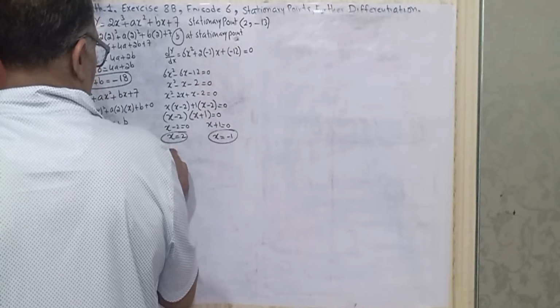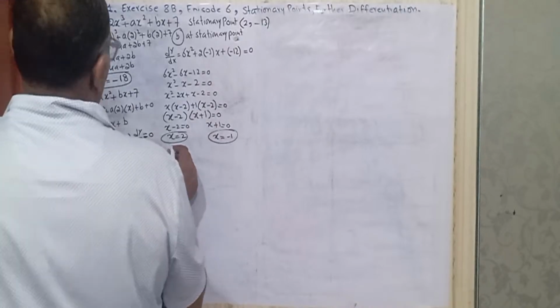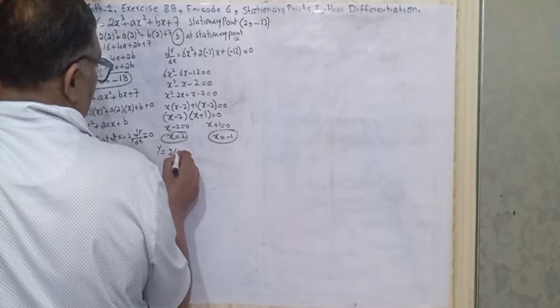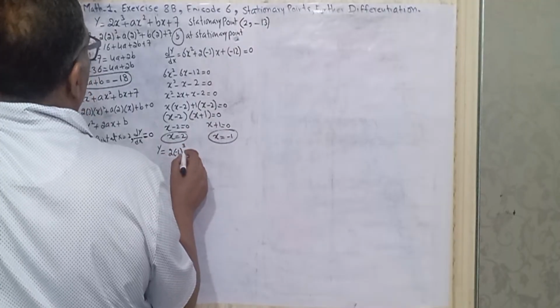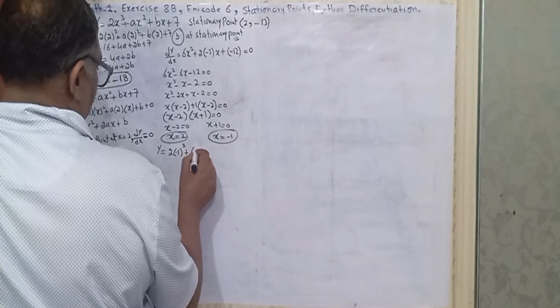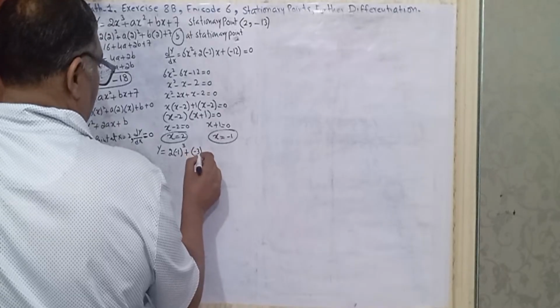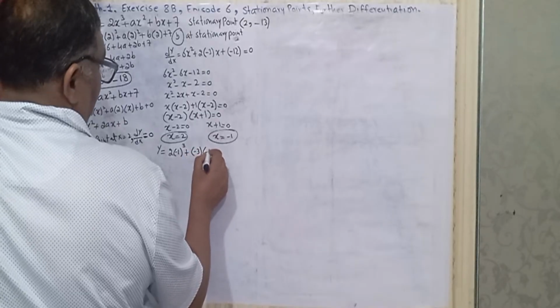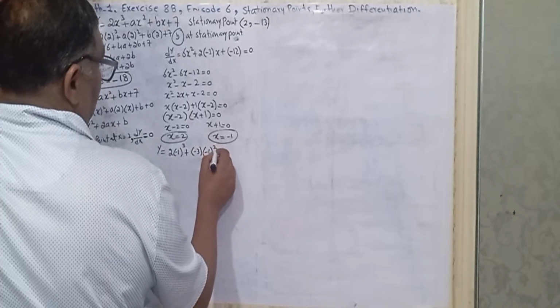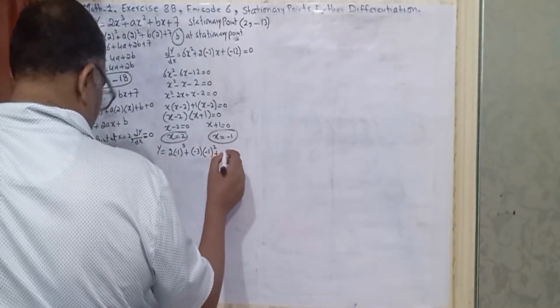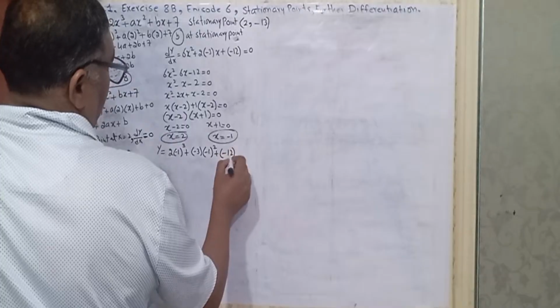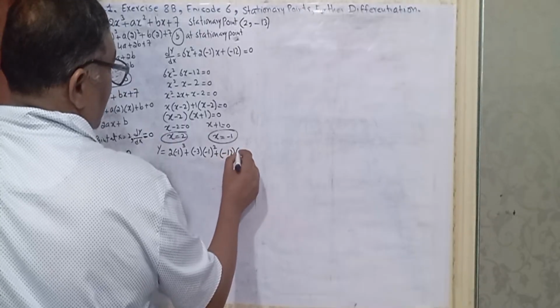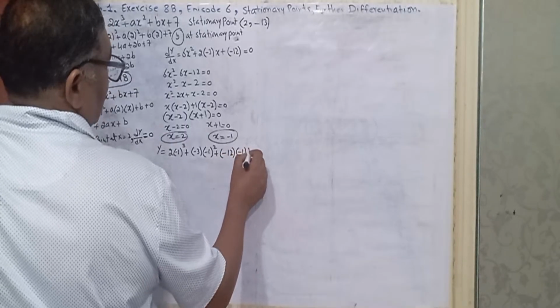So y will be equal to 2 into (minus 1) cubed plus a, which is minus 3, into (minus 1) squared, plus b, which is minus 12, into x, which is minus 1, plus 7.